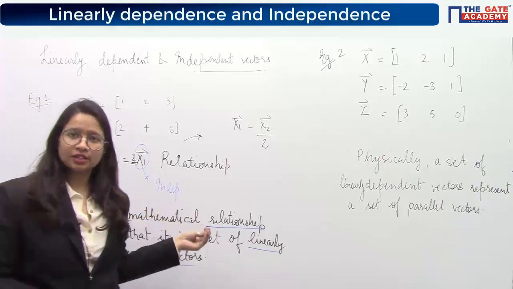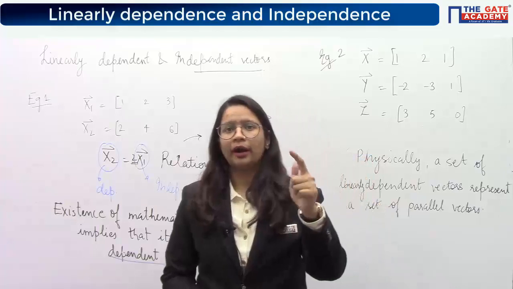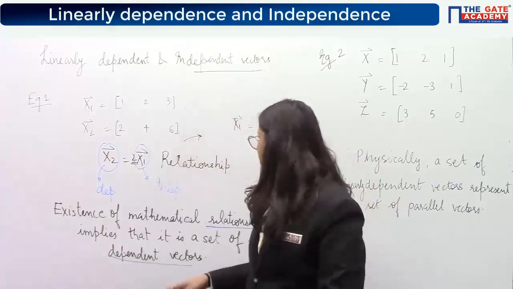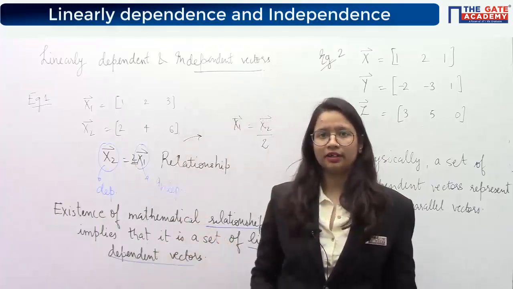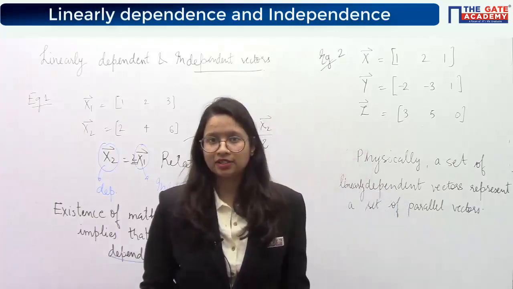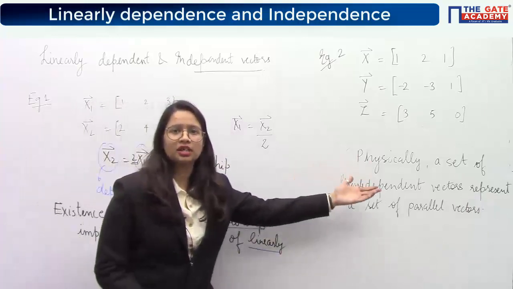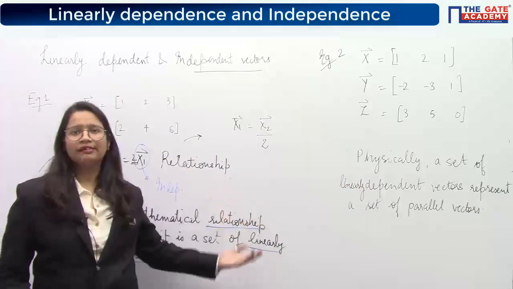But now if I ask you, are they linearly dependent, the first thing that should come to your mind is, is there any mathematical relationship among these three vectors? If there is a relationship, then they will be dependent. Yes or no? If you are able to find the relationship, you will be able to say that they are dependent.